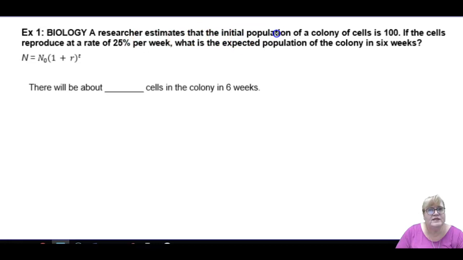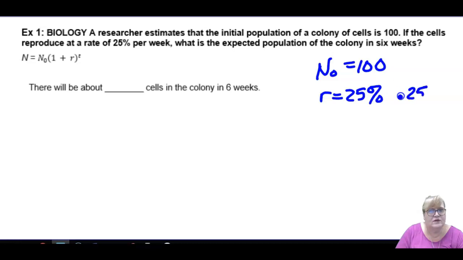A researcher estimates the initial population of a colony of cells is 100, so that's N sub 0. If the cells reproduce at a rate of 25% per week, so R is 25% or 0.25, we get rid of the percent symbol. What is the expected population of the colony in 6 weeks?